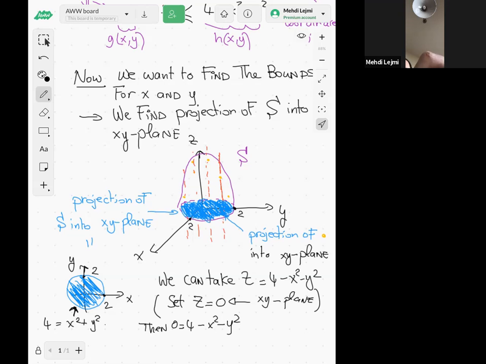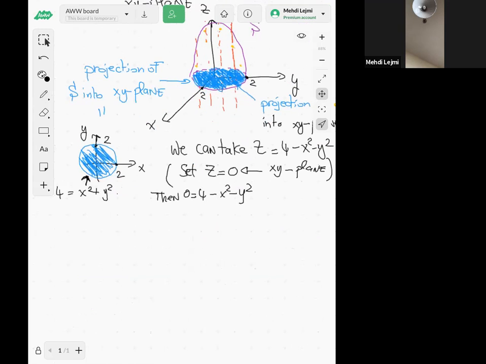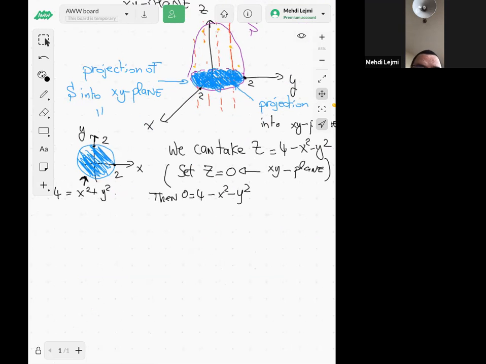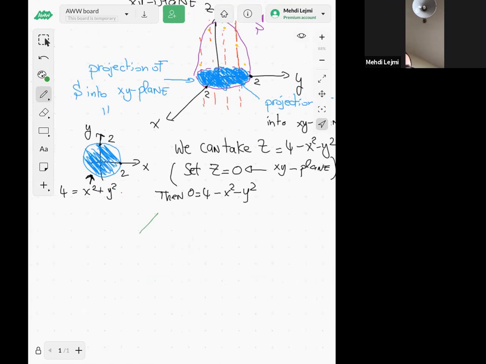So now we know how to describe a disk, or the interior of a circle, as an elementary region. So there are 2 options here. We can describe the projection.